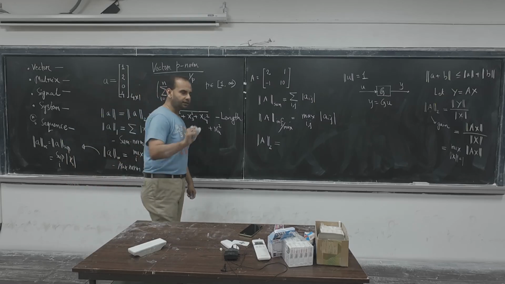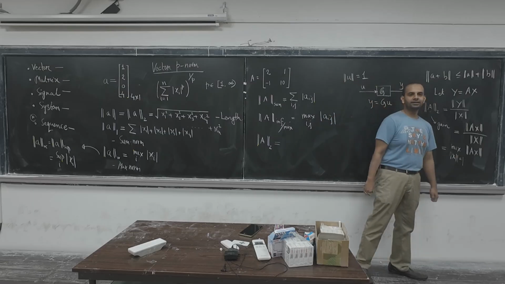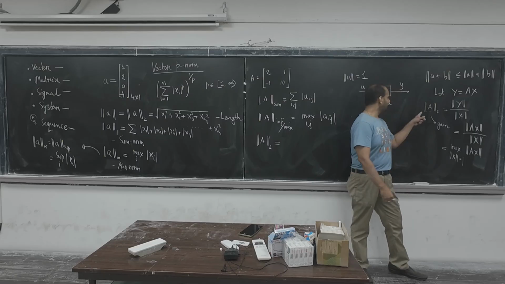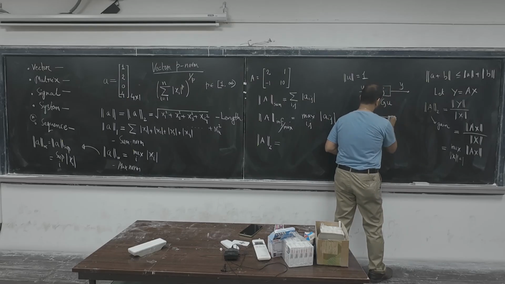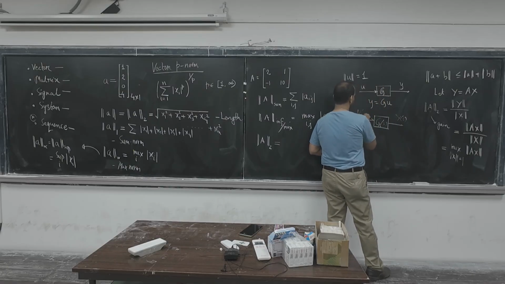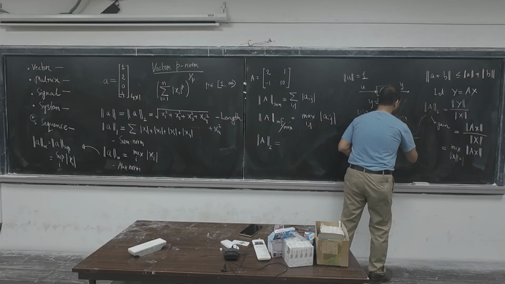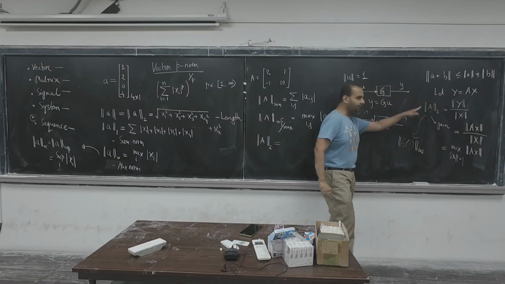At this moment you may have a slight doubt: what we are defining is a matrix 2 norm, but if it is G of S, and this is Y of S and this is U of S, this will resemble it.